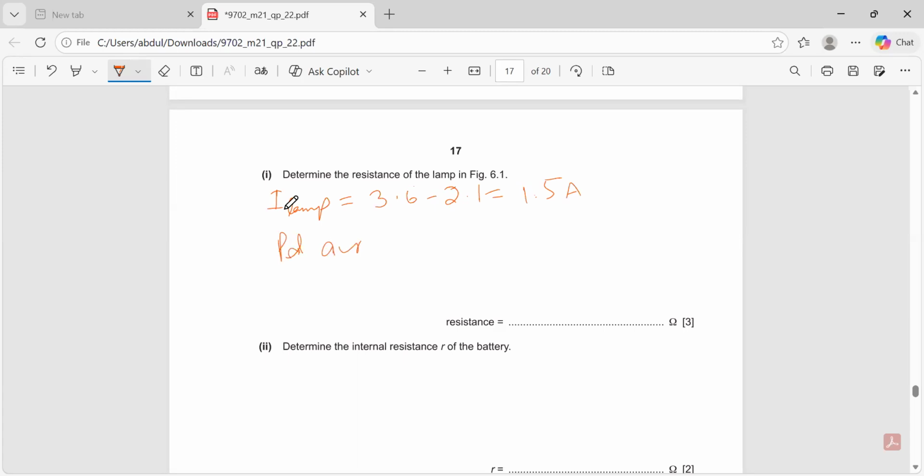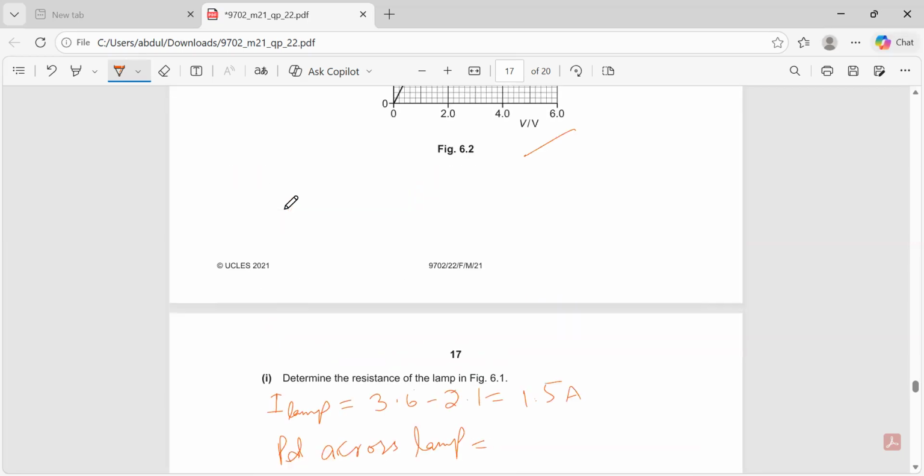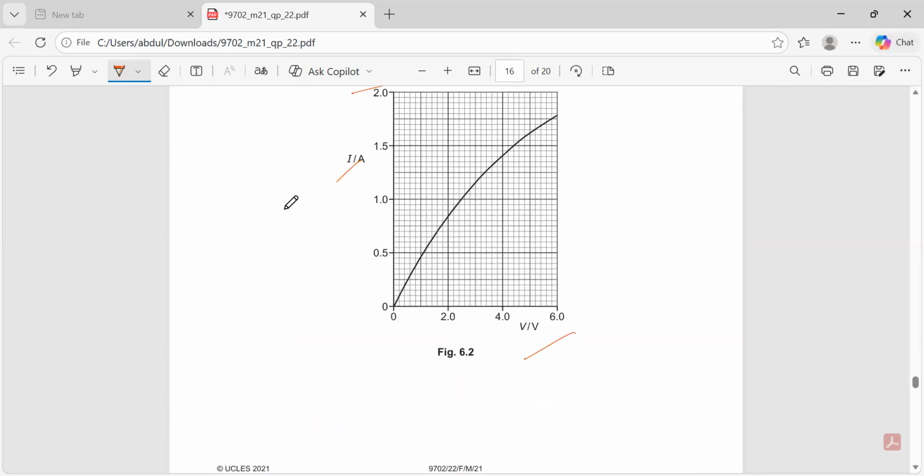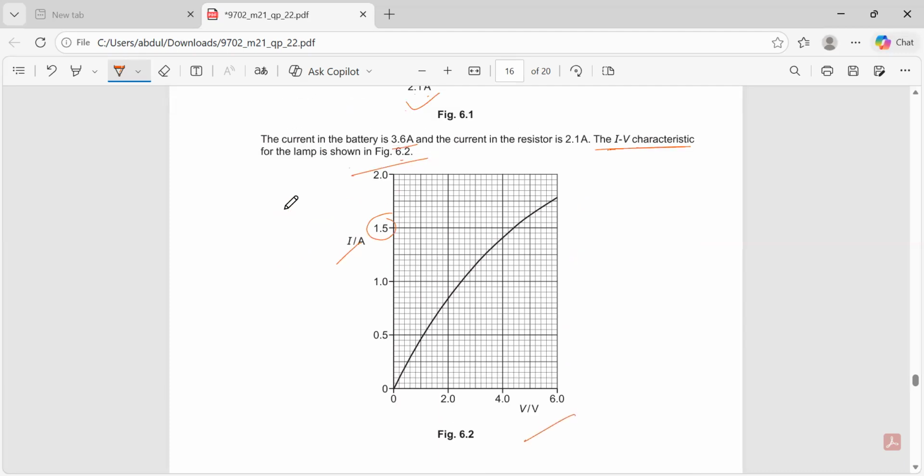How can we calculate the potential difference across the lamp? Again from the graph, the current is 1.5. This is the I-V characteristic for the lamp. So at 1.5, each small division is 0.2, so 4.2, 4.4.